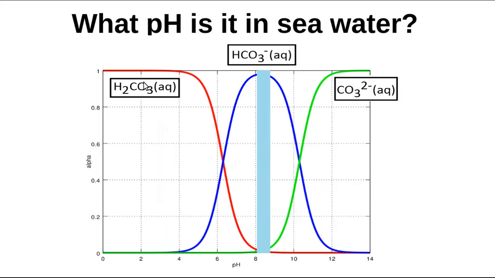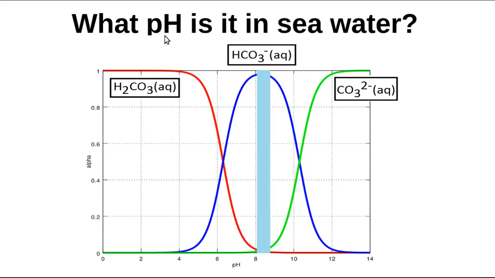There are four different names of one and the very same acid-base system. For example, hydrogen carbonate is present in seawater, and it's probably the main buffer substance in seawater.